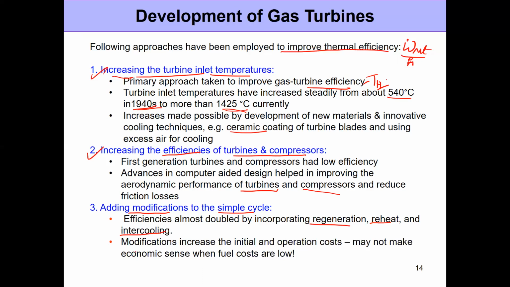When you're making any of the modifications, whether it's regeneration, reheat, or intercooling, the initial and the operation costs are going to be higher because you're having more components. So the decision on whether to have a modified cycle with all these components or to go ahead with a simple cycle is simply a matter of economics. It does not make sense when the fuel costs are low, but it certainly makes sense when the fuel costs are high, or when there's a lot of focus on the emissions from gas turbine power plants.